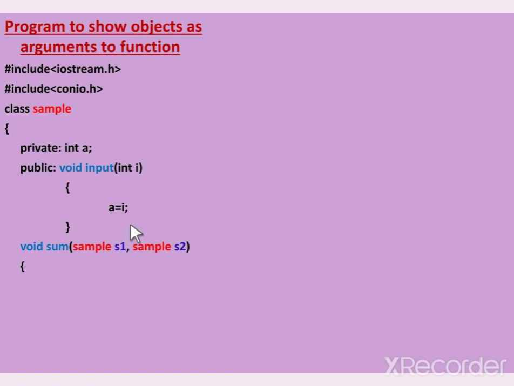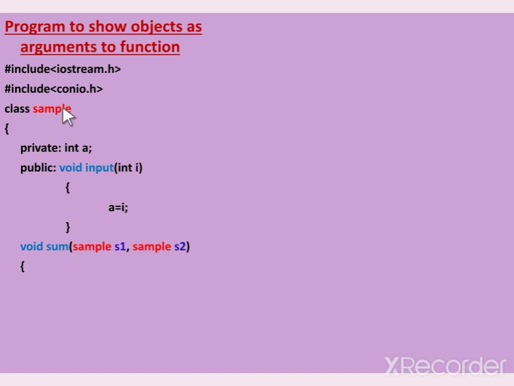A is equal to I means you will get a value equal to 5. That is, the I value will be stored in the variable A. Is it clear?